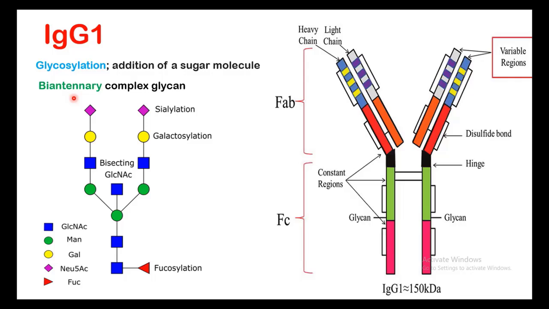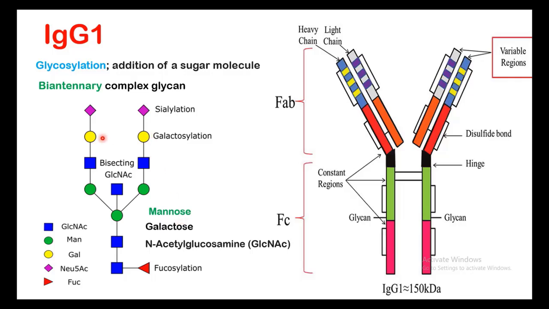If you look at the composition of this biantennary complex glycan, you are going to see a lot of sugar molecules. For example, these blue boxes are N-acetyl glucosamine, and you see a lot of them in the biantennary complex glycan. These green balls are mannose.